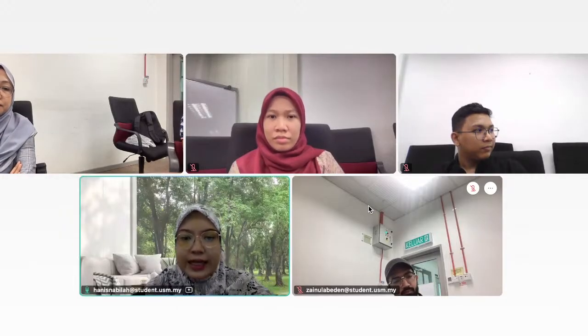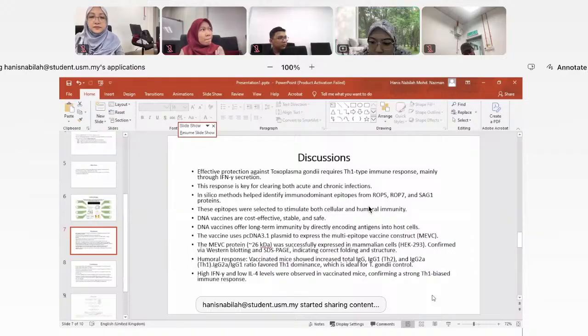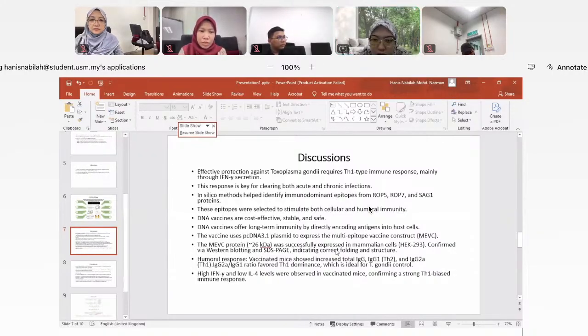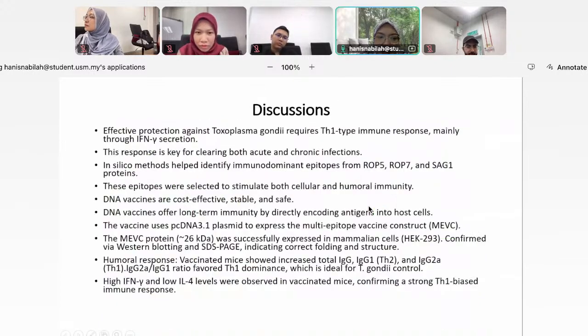Okay, for the discussion, effective protection against Toxoplasma gondii requires the TH1 type immune response, mainly interferon gamma secretion, compared to the TH2 responses.